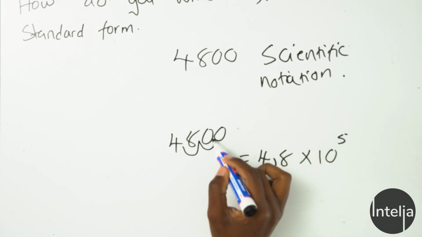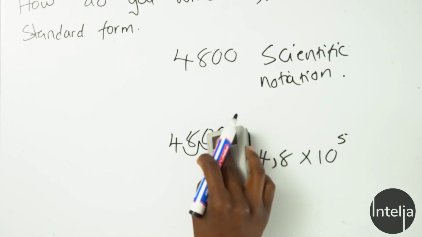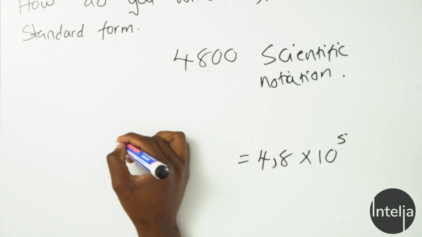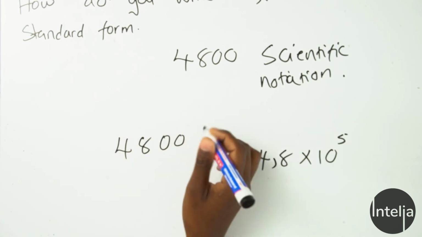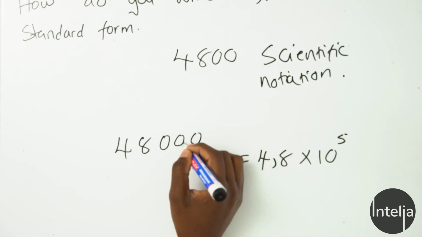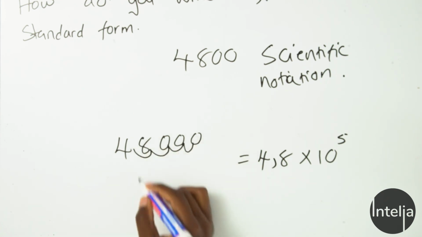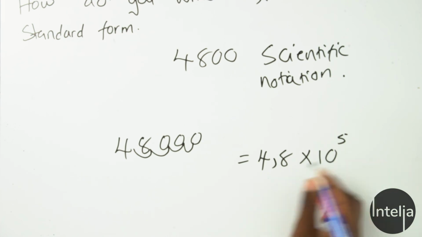I left another 0 here, so it will be 1, 2, 3, 4, and 5. So it will be 4.8 times 10 to the power 5.